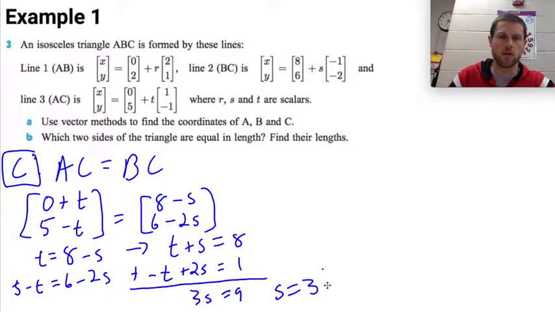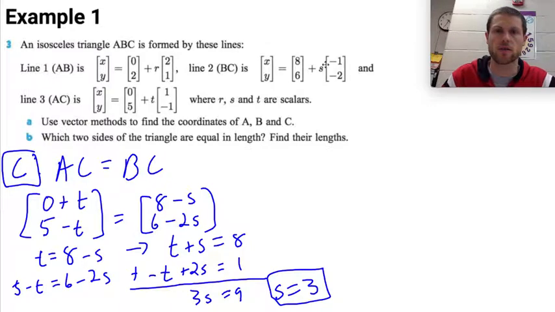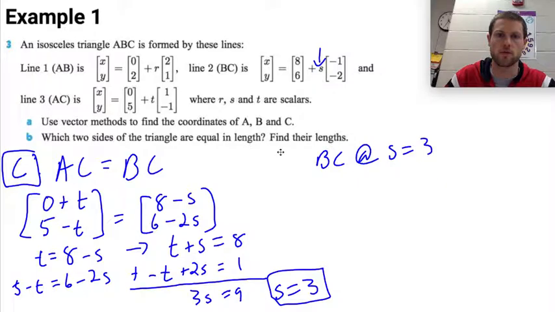s equals 3. I'm going to plug in 3 for s right here, and let's find where coordinate C is. So coordinate C is going to be in the equation BC at s equals 3. What I want to say here is that C is on BC at s equals 3.